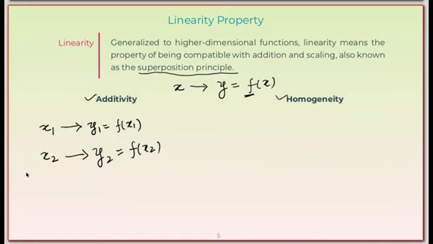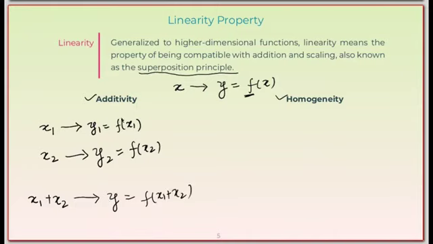Okay, we are discussing additivity. Additivity says that if you add these two inputs together and then evaluate your output, let's say that output is y, then this output will be equal to f of x1 plus x2.